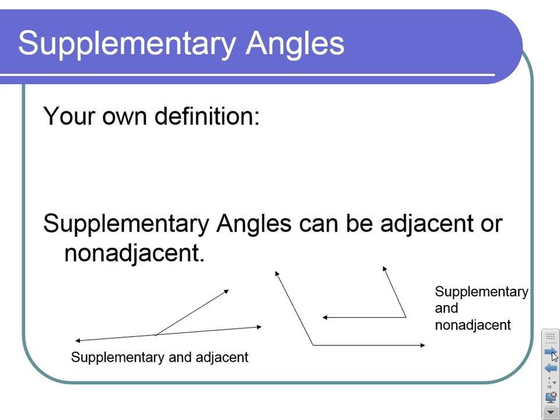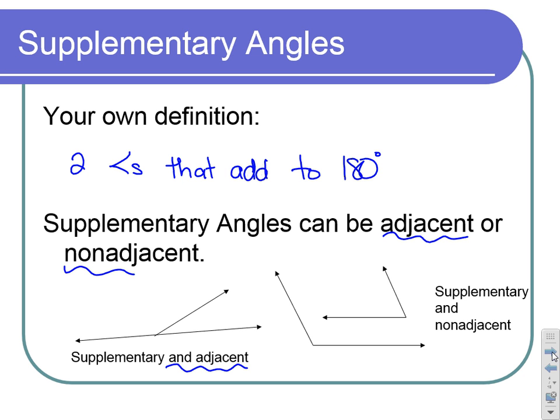Okay, so supplementary angles, you can write your own definition, or you can just say two angles that add to 180 degrees. Now, supplementary and complementary angles can look two different ways. They can be adjacent, which is right next to each other, like this picture here.